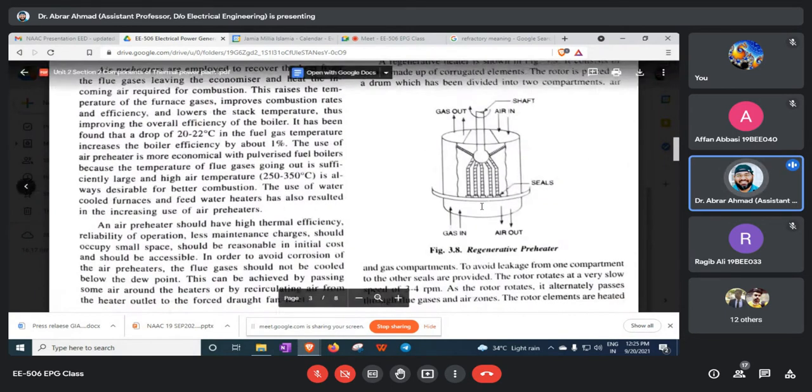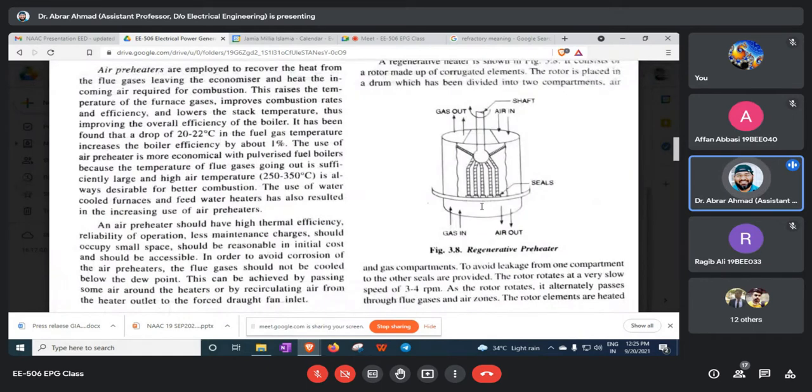Now, why we can't use the same gas instead of putting air is basically because we want a dust-free air. We don't want the same gas which came out of burning of the coal to go inside the economizer, because then it will create a lot of maintenance issues because of its dust particles and smoke.